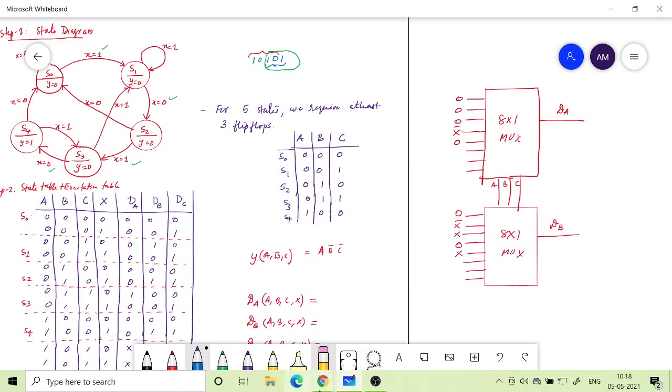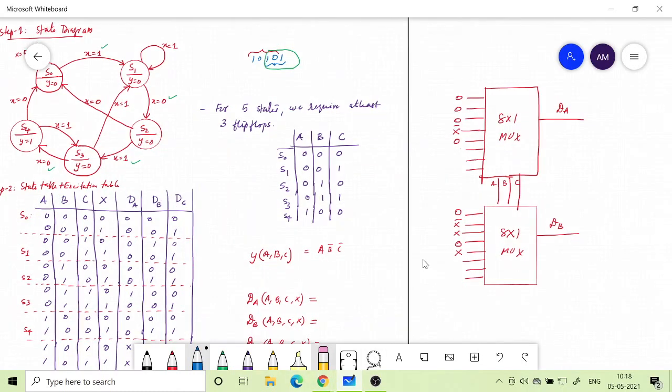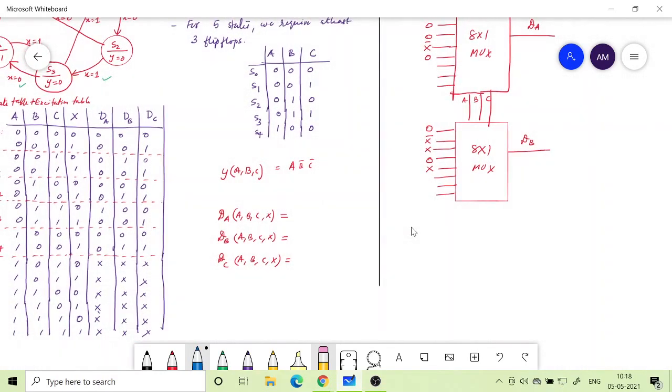Okay, so there is one more. That is DC. So let's do that also. So DC, again there are 8, 1, 2, 3, 4, 5, and then the others are there, but we don't use them.